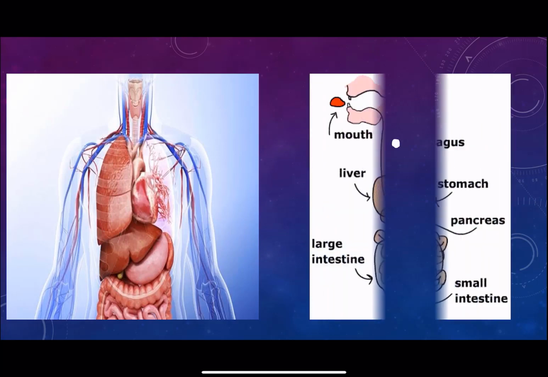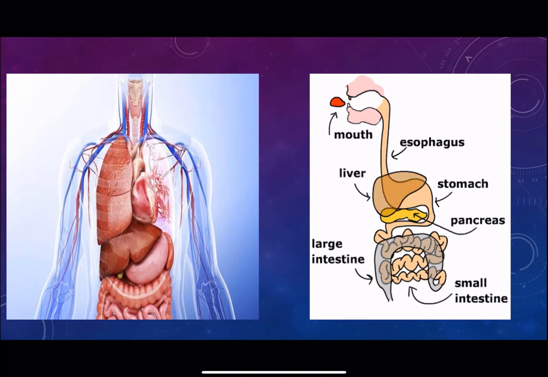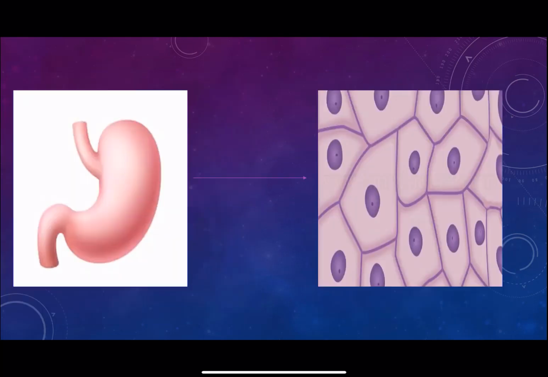When I take one example of the system, for example, the digestive system, we will find that the digestive system consists of a group of organs such as the mouth, esophagus, stomach, and so on. Let's take one organ of them, like the stomach.